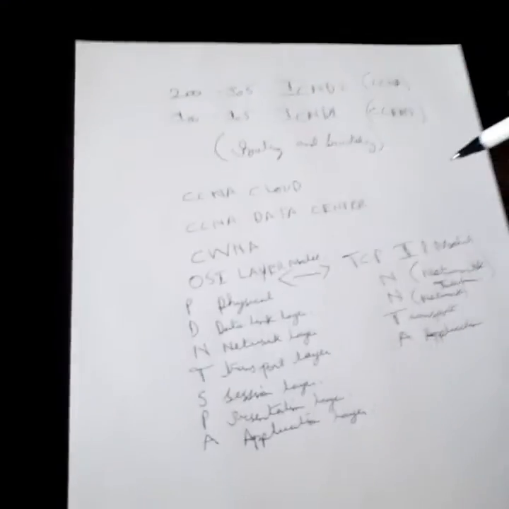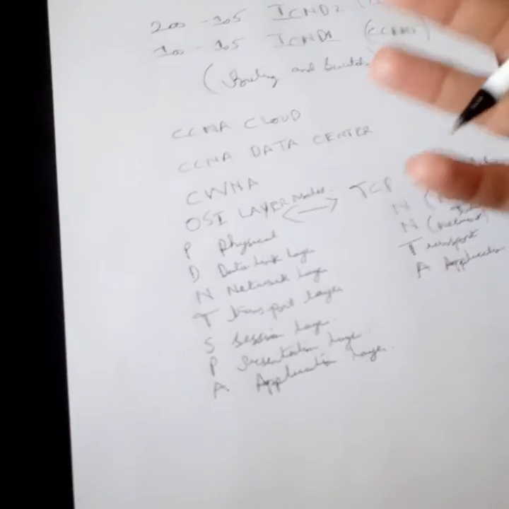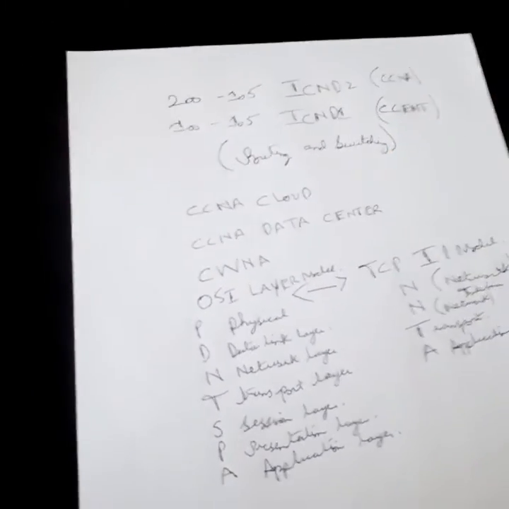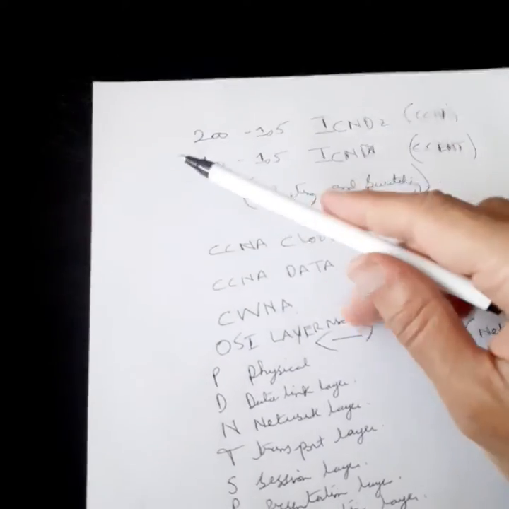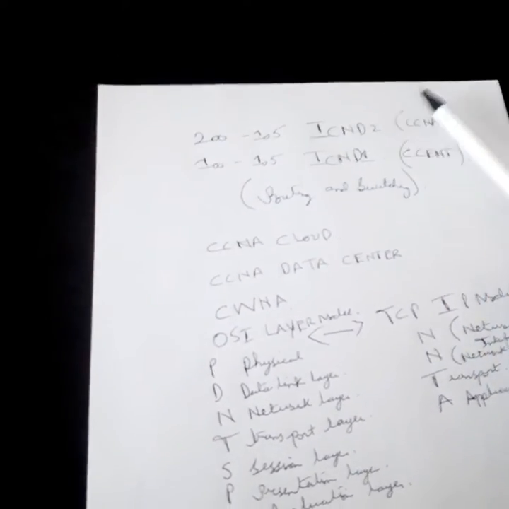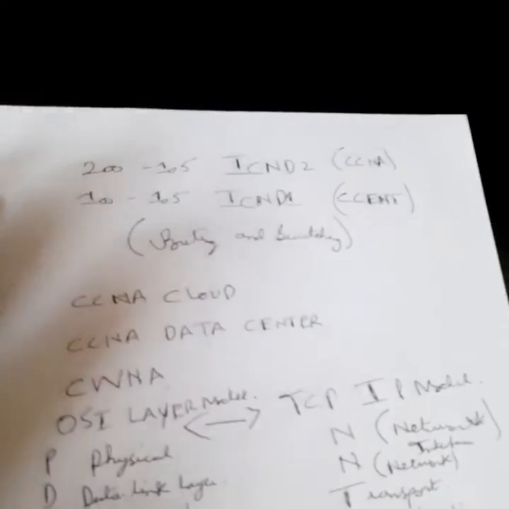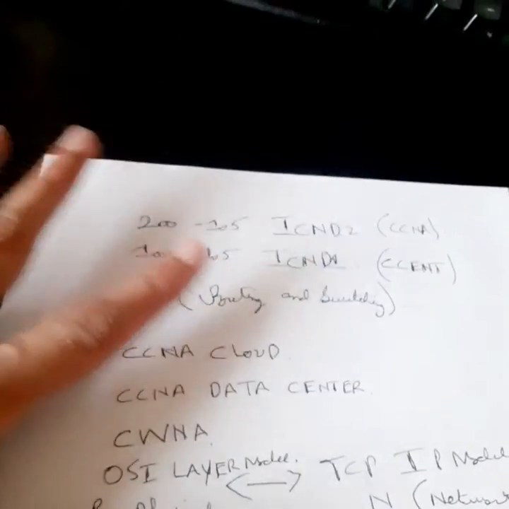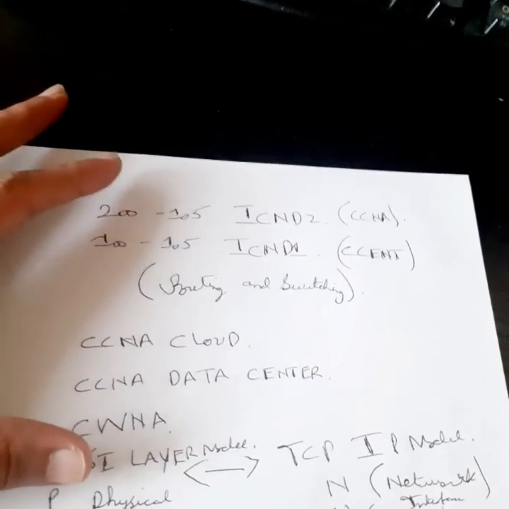So, it's a brief idea that I have created, and I think it might work for some people. It might not work for some people. As you all know, if you go to a certification website or college or try to buy any certification, what you really need to know is that these exams are all expired.